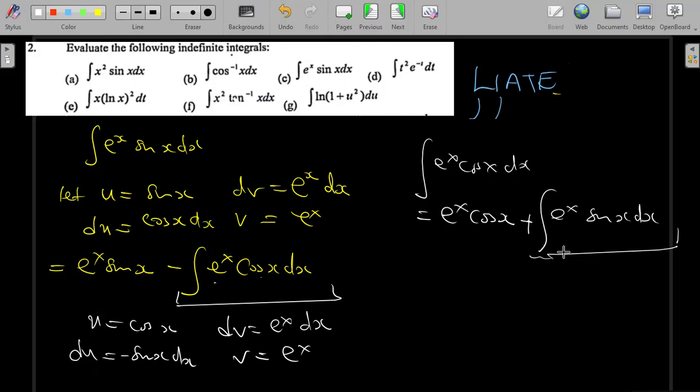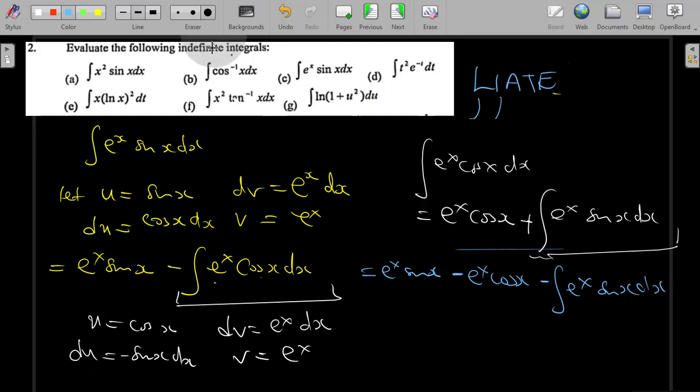I replace in this, and I have e to the x sine x, then negative, if I put this whole thing here, negative e to the x cos x, then minus the integral of e to the x sine x dx.